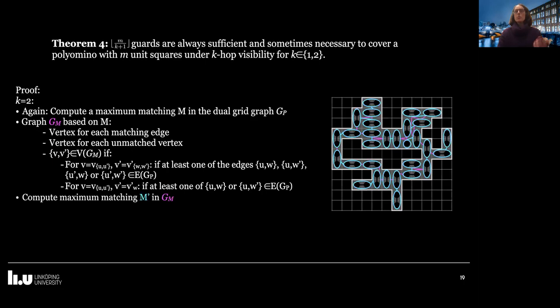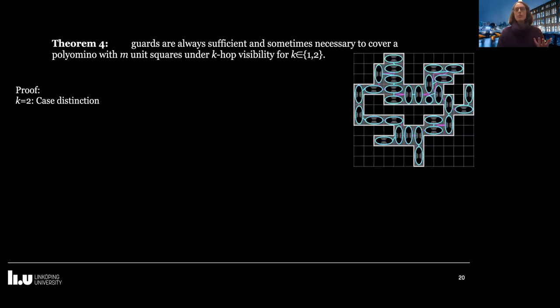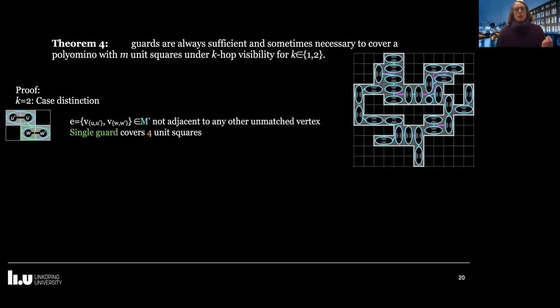And then what we do is we again compute a maximum matching now in this graph GM. And then we argue how we can place our guards by a case distinction. I'm not going to go through all of them, just some of the example cases.